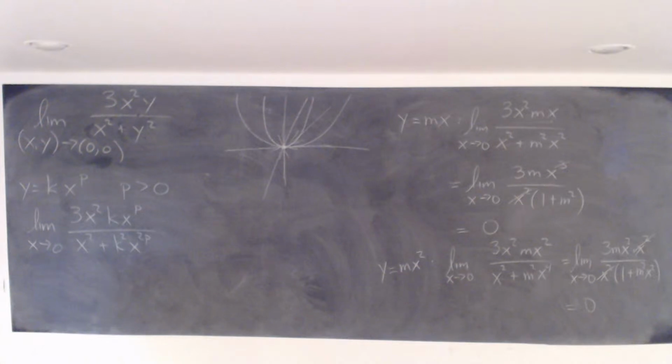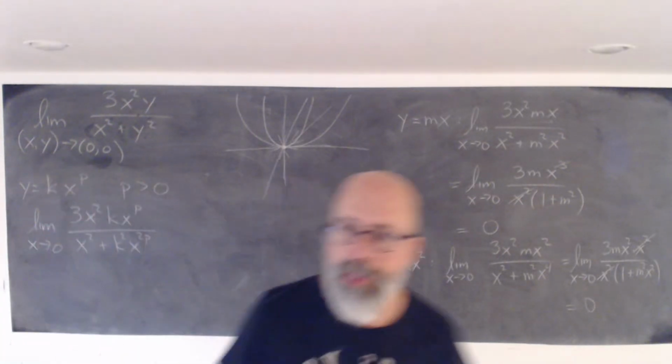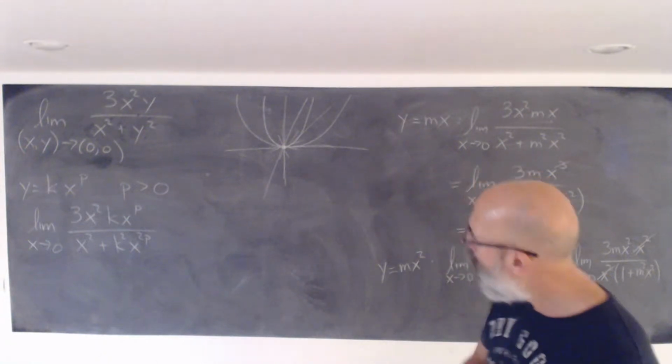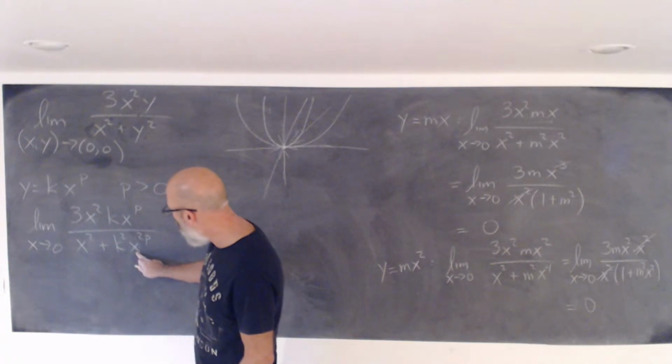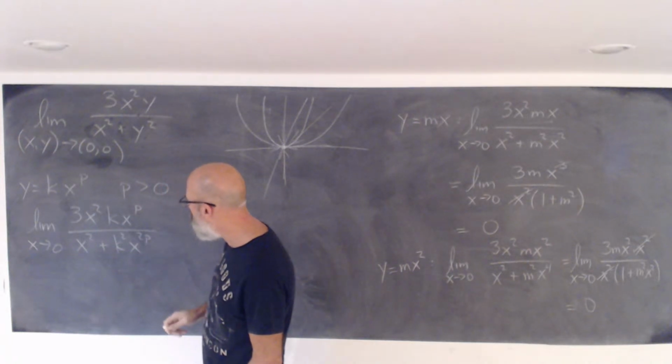You could always factor out an x squared, though. Well, that's actually going to depend on what x to the 2p is.